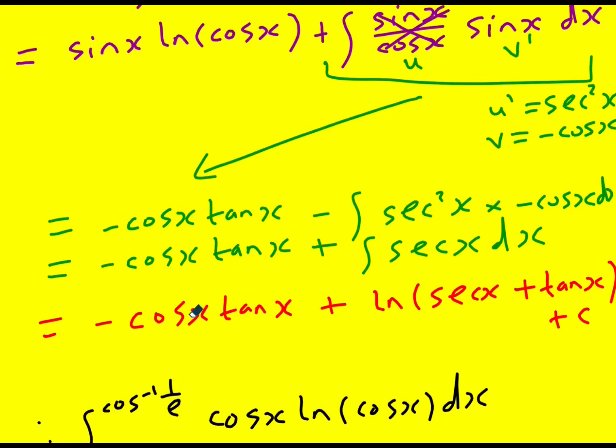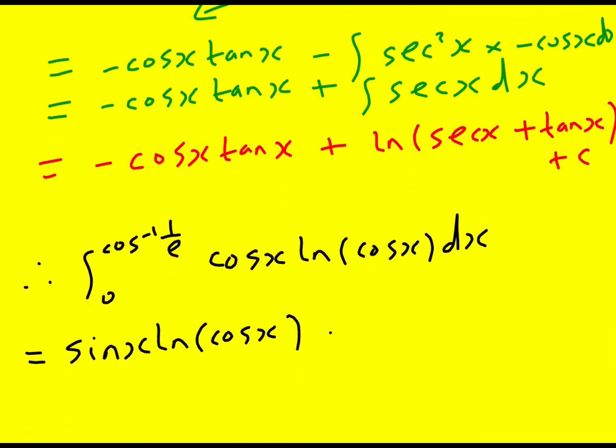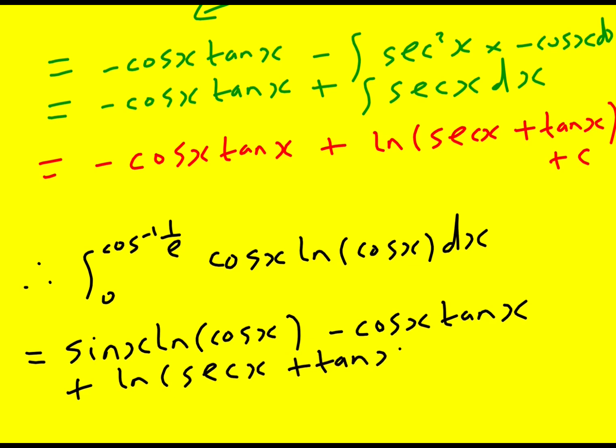And then we're adding this integral, so I'm going to be minusing cos x tan x, and then adding ln sec x plus tan x. And remember, we don't need the plus c now because I'm actually putting the limits.